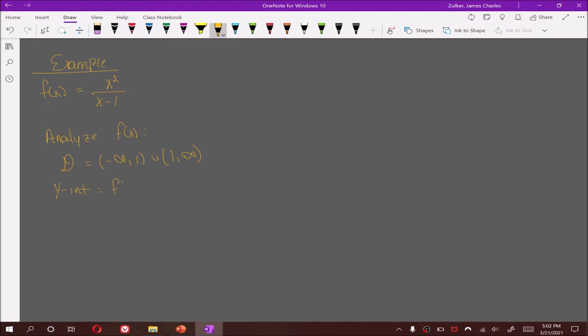Y-intercept, we get 0. X-intercept, you should see we will once again get x is 0. So we only have, again, one intercept, and that is the origin.